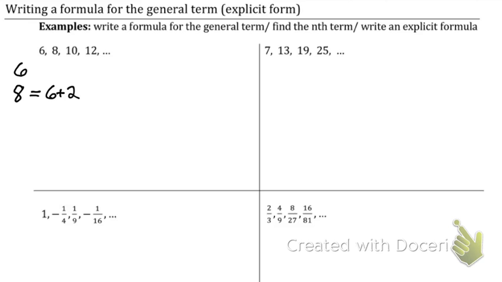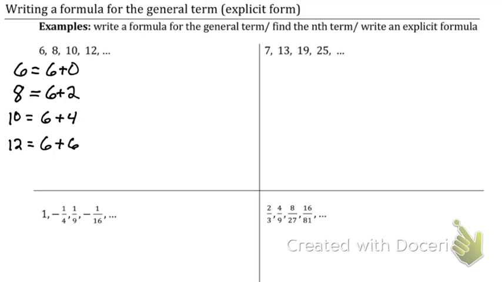Our next number is 10, but that's really just 6 plus 4. And 12 is going to be 6 plus 6. So going back up to 6, that is 6 plus 0. Now we're seeing another pattern develop. We have 0, 2, 4, 6. Not quite enough for an equation, but it gets us there.